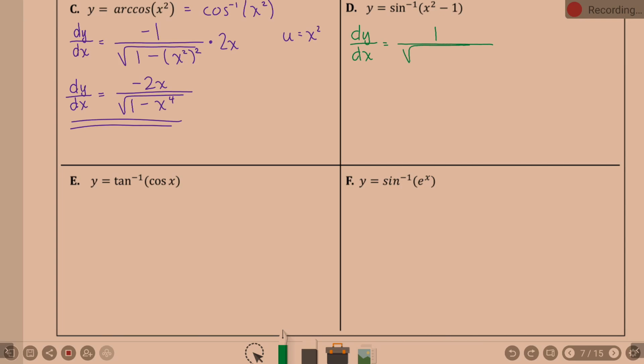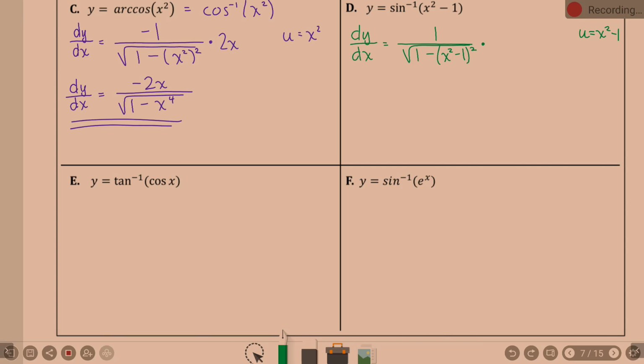So 1 over the square root of 1 minus, now, what's it supposed to be? X squared minus 1. Right. So we're going to be doing, in place of my u, it's that whole expression, x squared minus 1. So this is going to be x squared minus 1 quantity squared.